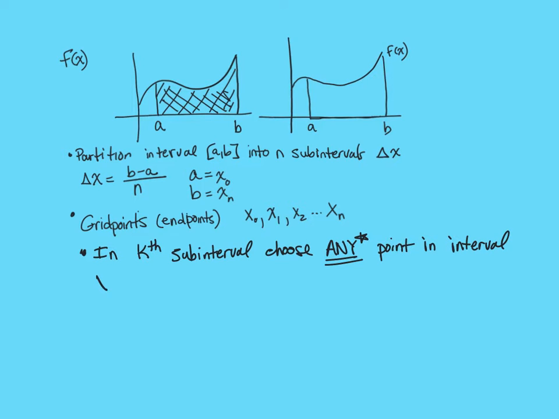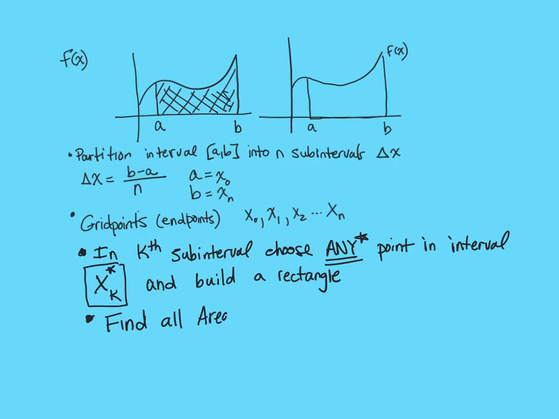We're going to call that x sub k star, so that will be the point that we choose in the kth interval, and we build a rectangle. So then we're going to find all of the areas of the rectangles, and then we're going to add them together.